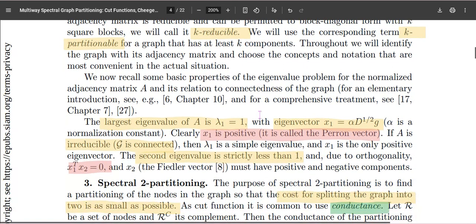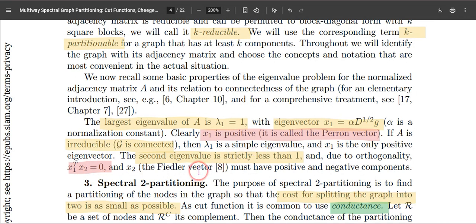Another important factor is that the normalized adjacency matrix has the largest eigenvalue equal to 1, and its eigenvector is defined by these equations. x1 is called the Perron vector, and lambda 1 is the largest eigenvalue, and it will be a very simple eigenvalue.